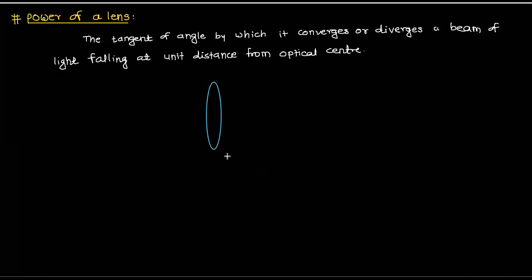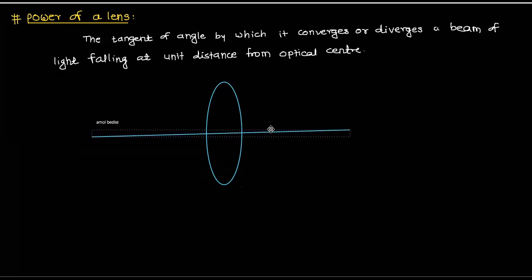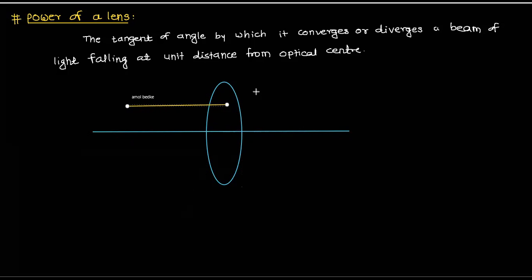Assume that this is a lens, okay, and this is the principal axis. Now a light ray is falling like this and converging here at this point.